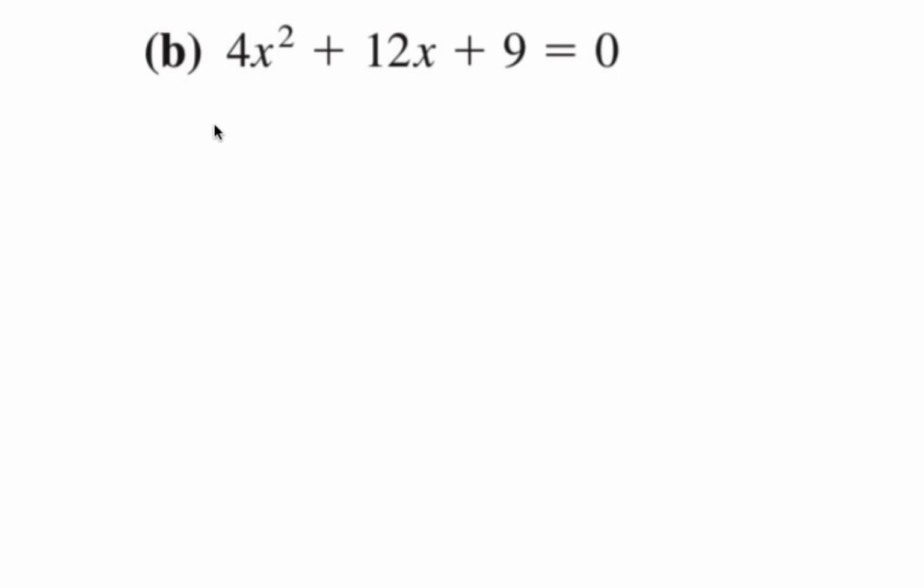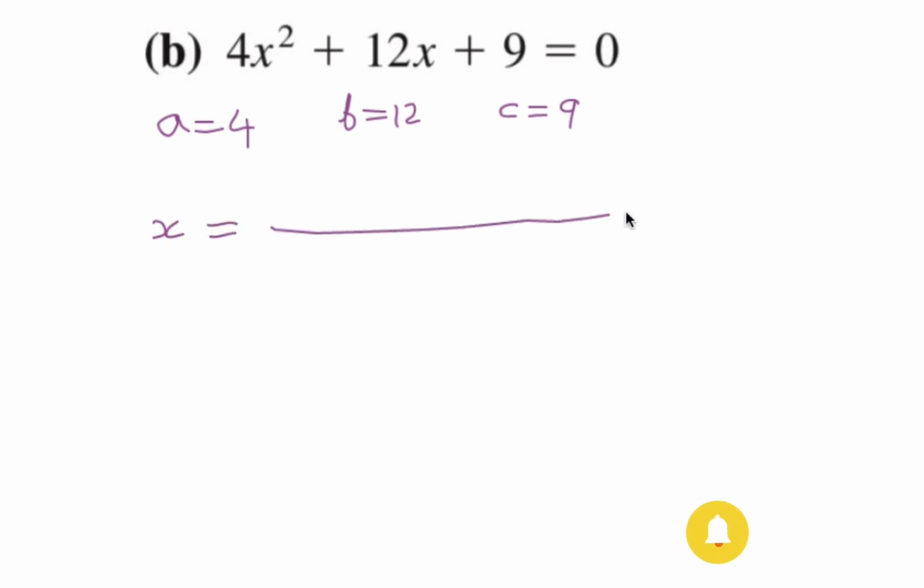Okay, now another question. What is here? A value is 4, b value 12, c value 9, and please again write formula, don't put directly.